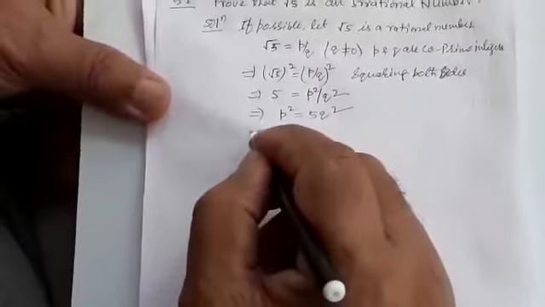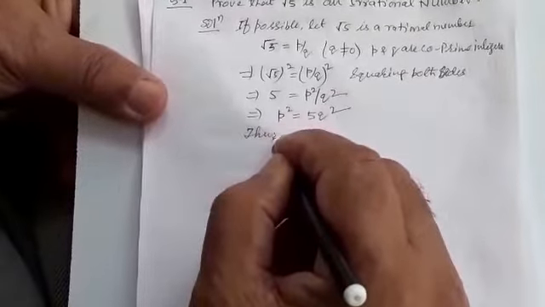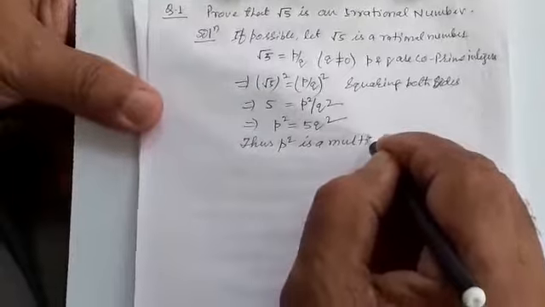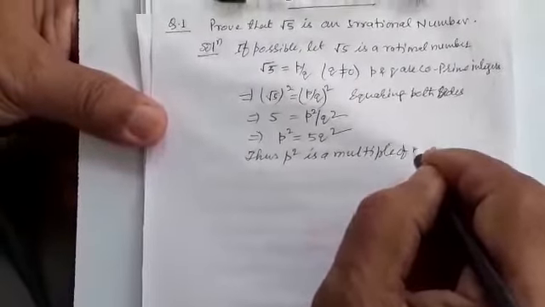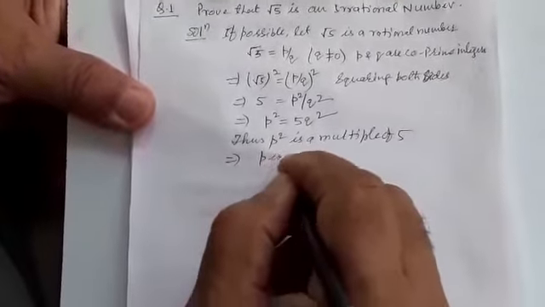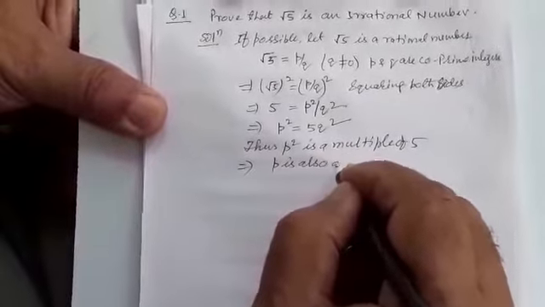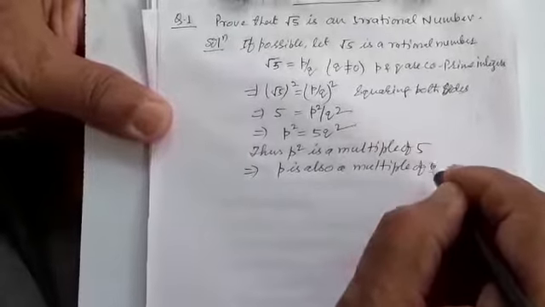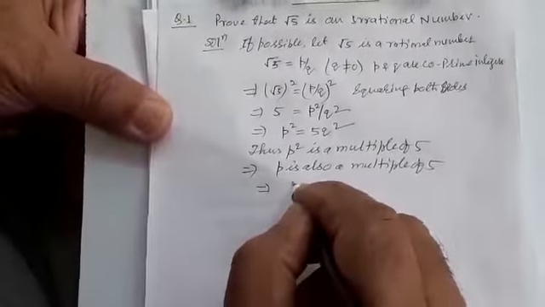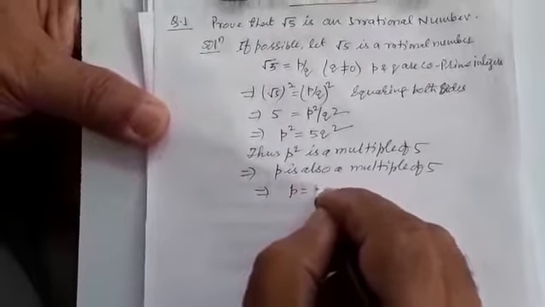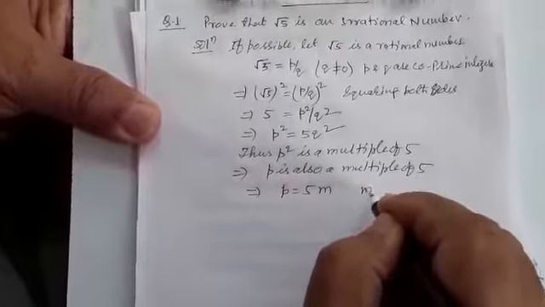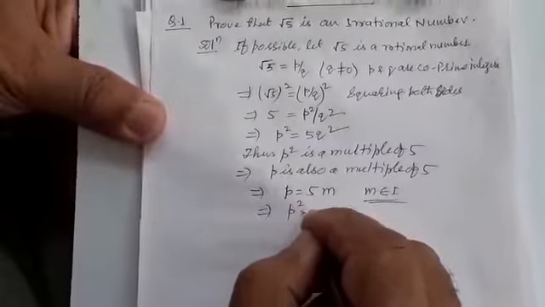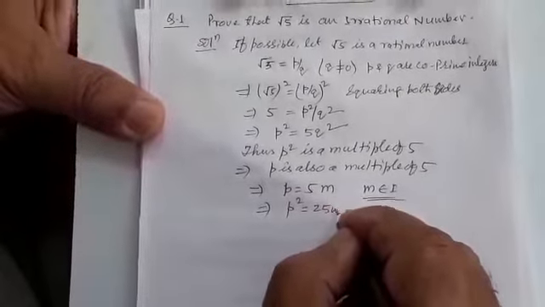Thus p square is a multiple of 5. This implies p is also a multiple of 5. This implies p can be written as 5m, where m is some integer. Squaring, we are getting p square equals 25m square.